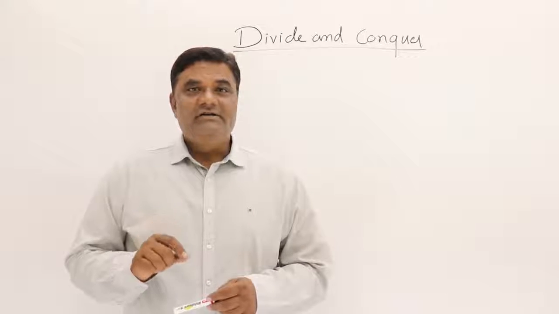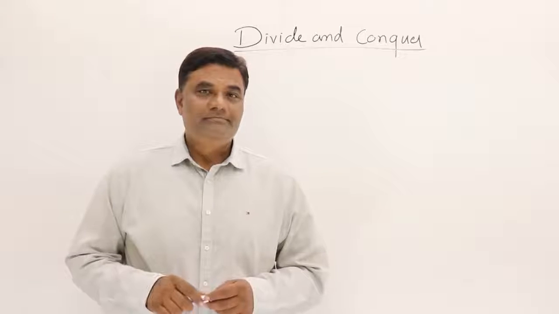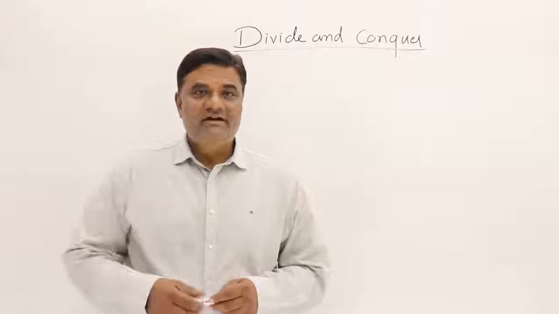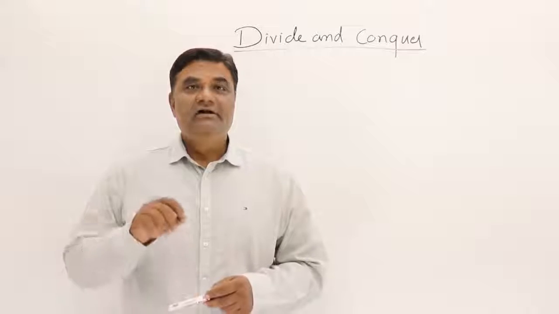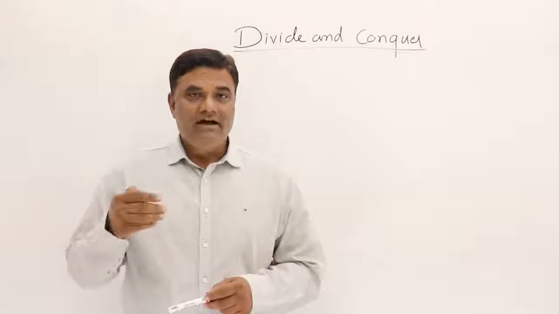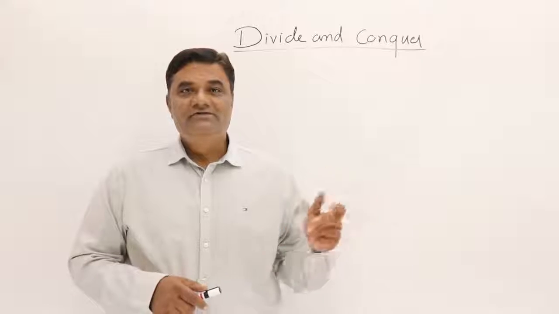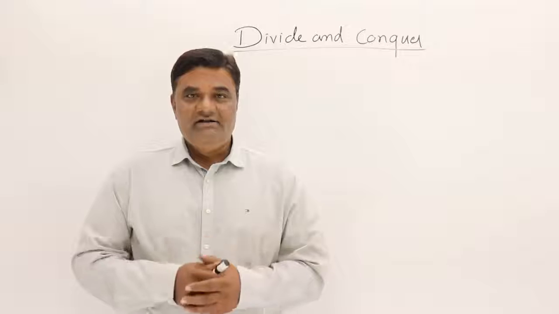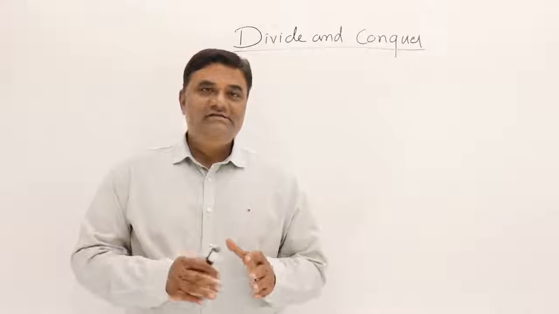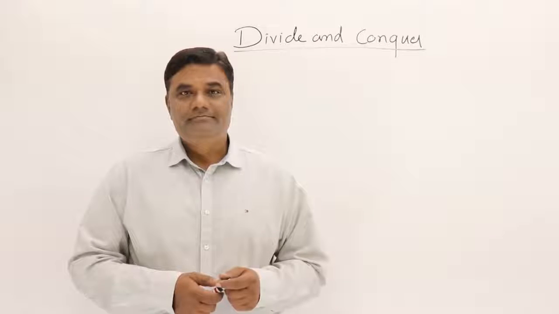This topic is related to a strategy for solving a problem. Like this, we have other strategies also in the subject, like greedy method, dynamic programming, backtracking, branch and bound. So this is one of the strategies. So let us understand what is a strategy. Strategy is an approach or a design for solving a problem.